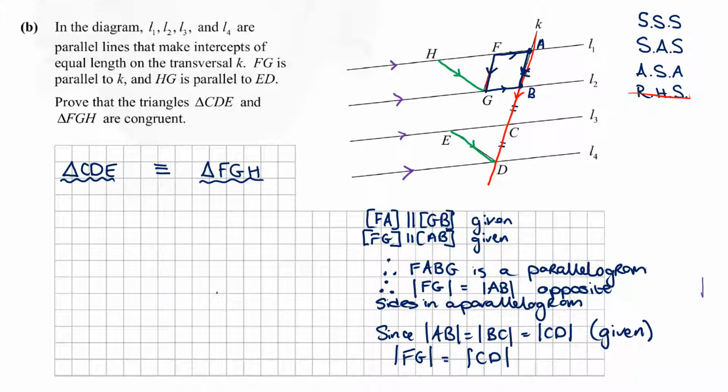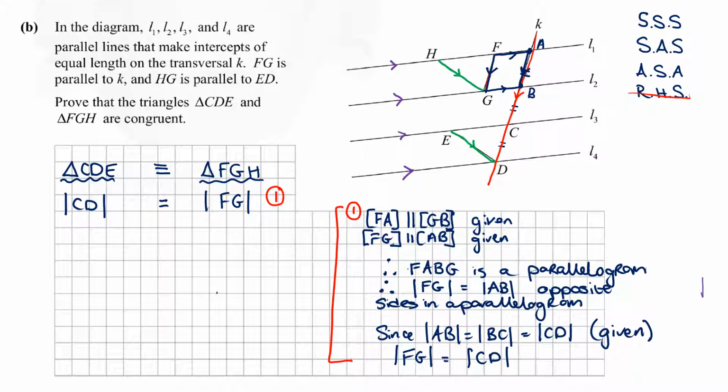Okay, so that gives us our first thing. So here we have CD in this triangle equals FG here. Now I'm going to put this as 1, and label all this working as working 1. So this means I can quite easily link back to it if I need to.